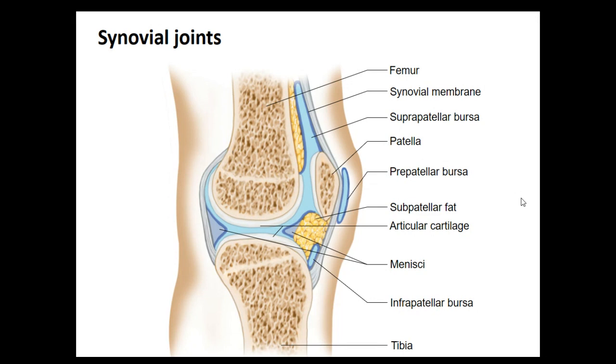The patella, the kneecap, is embedded in that tendon. As the knee straightens and bends, the patella slides up and down in a groove in the front of the distal end of the femur.